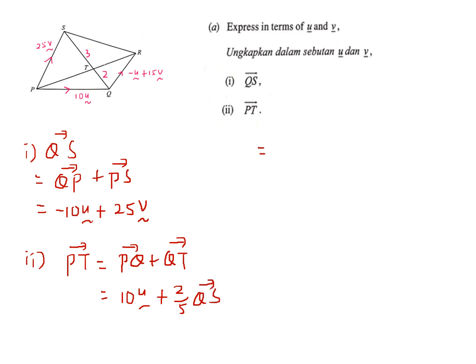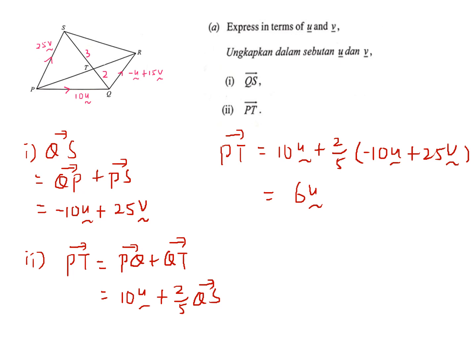By substituting the vector QS, we obtain vector PT equals 10 vector U plus 2 over 5 times negative 10 vector U plus 25 vector V. Simplify the terms, and we have vector PT equal to 6 vector U plus 10 vector V.